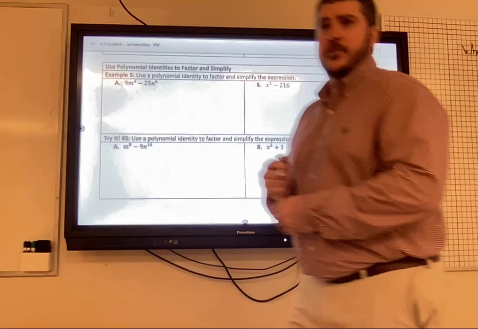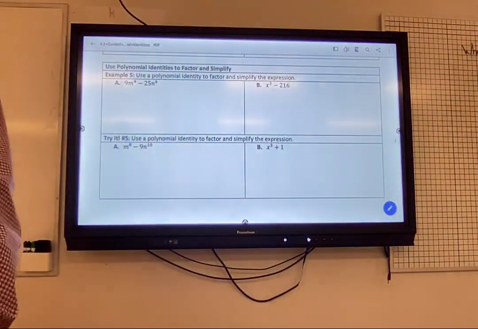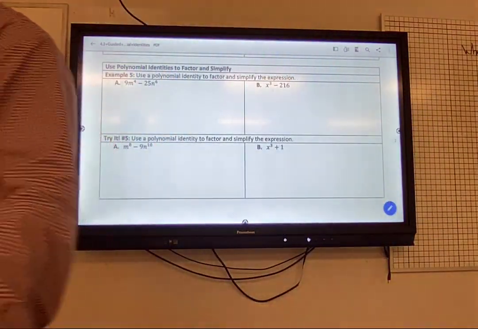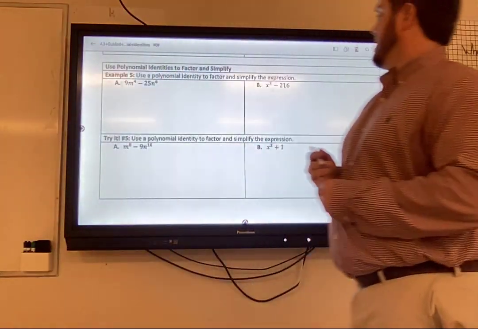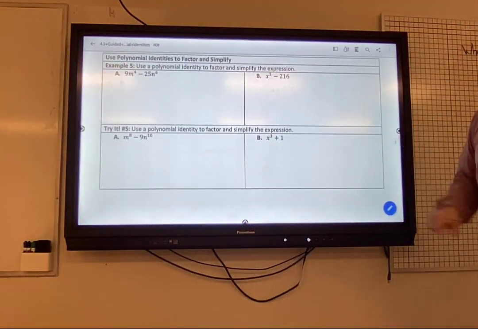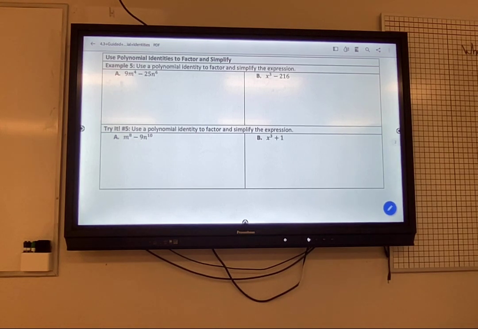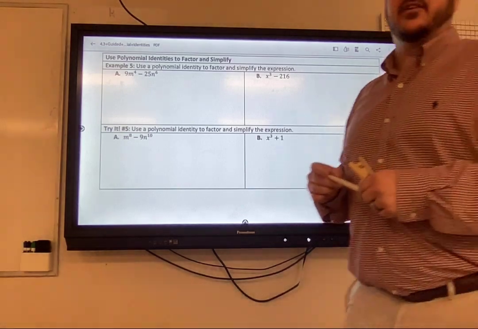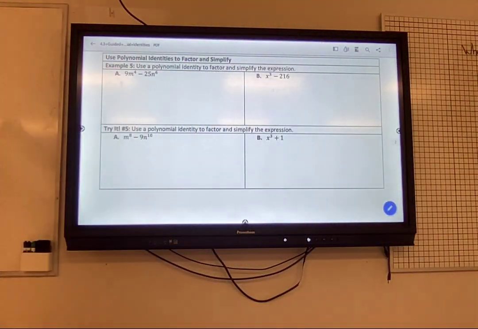All right, last example. Guys, this is the big way that you can't go off to the side and really do it this way. You can also use these identities to factor. If you remember, we factored in that unit 3.